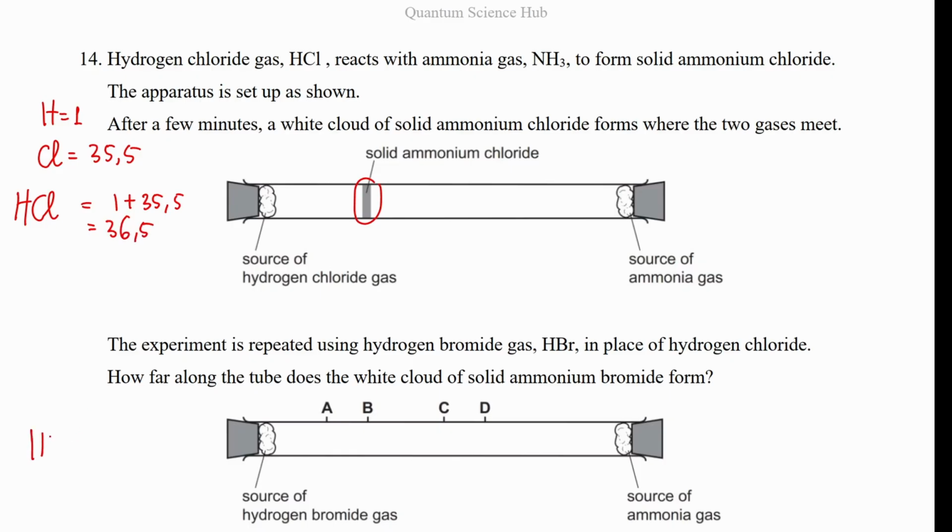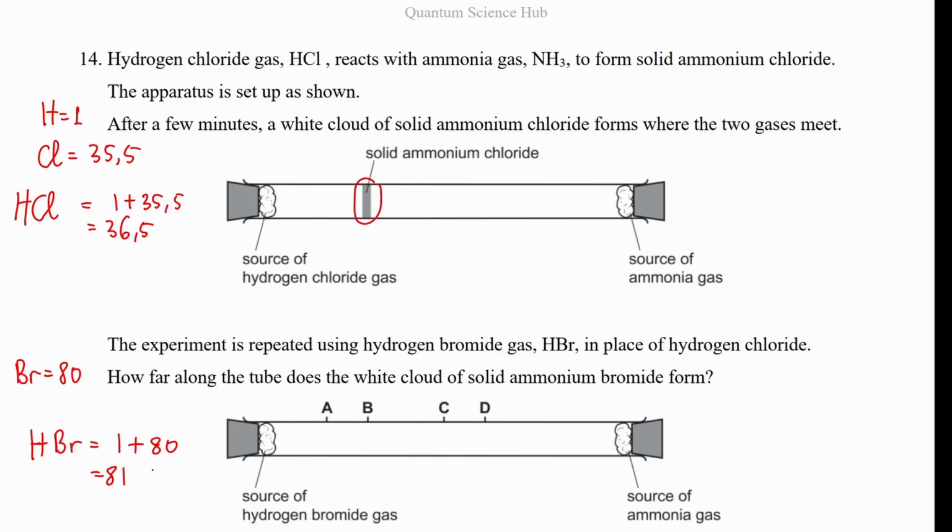While for HBr, if you check the periodic table, the mass of Br is 80. So HBr, hydrogen is 1 plus Br is 80, so it's going to be 81. So which gas has greater mass? It's going to be HBr, right?